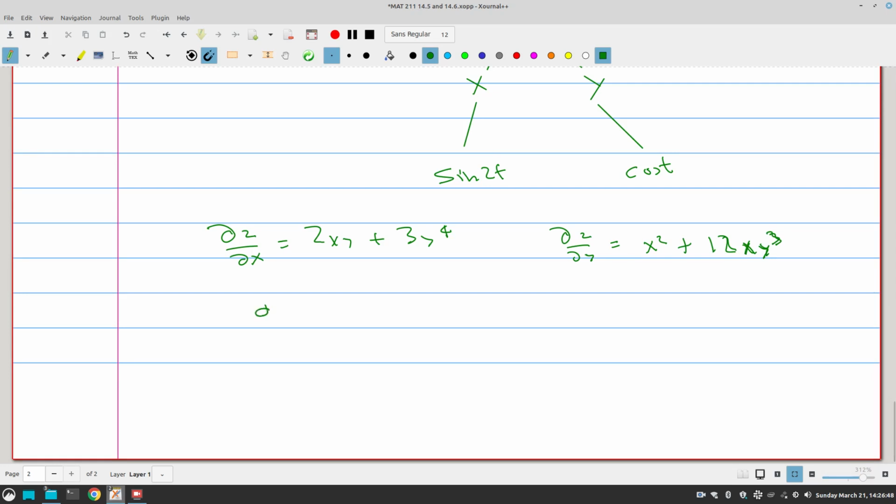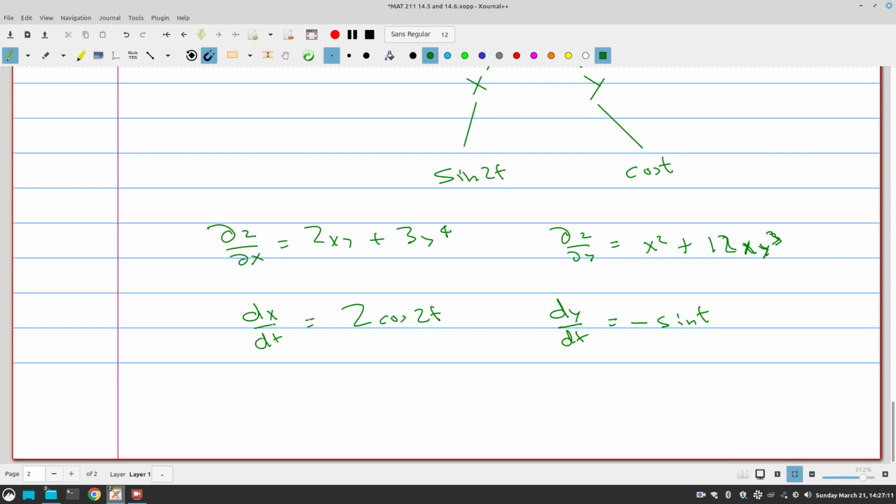And dx over dt is then 2 cosine twice t, and dy over dt is then negative sine t.